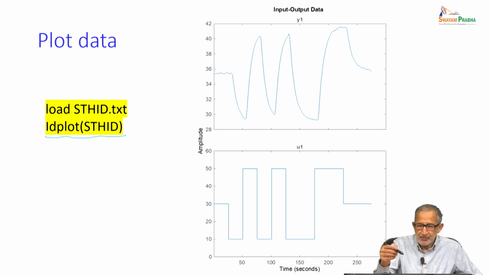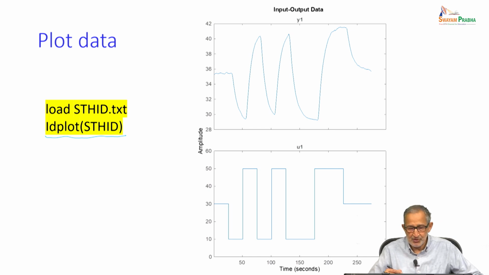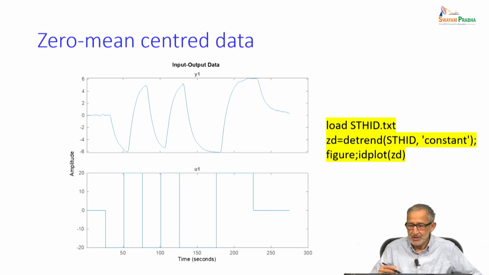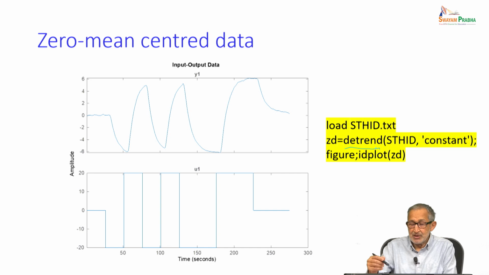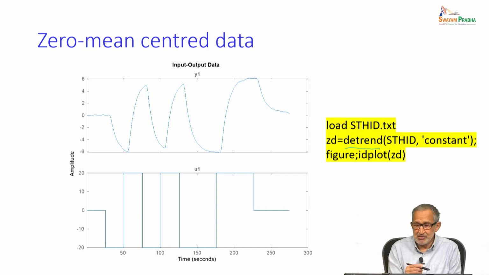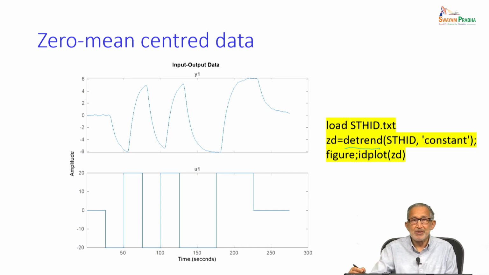The mean value of the output is about 35 degrees, and the mean value of the input is 30%. So the 30% valve position. So the first thing you have to do is detrend the data. You have to zero mean center the data, and that can be done using the function detrend in MATLAB. This function may have changed, so just check, and there may be more parameters to choose for this function.